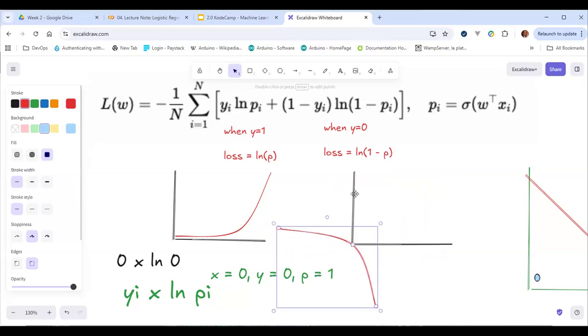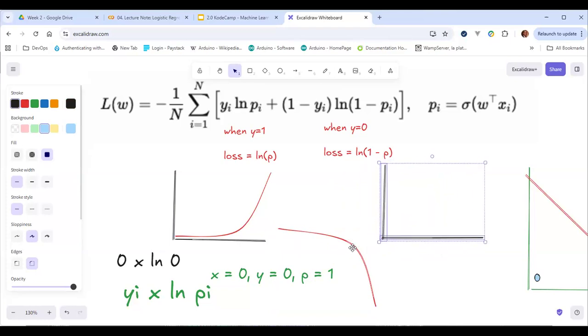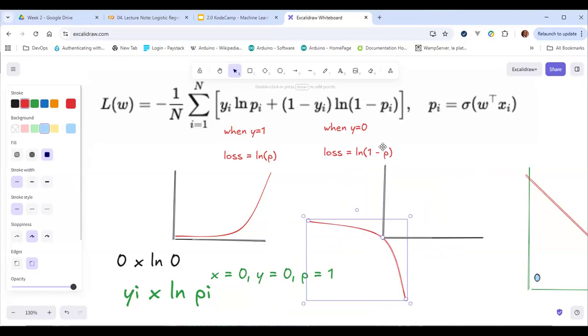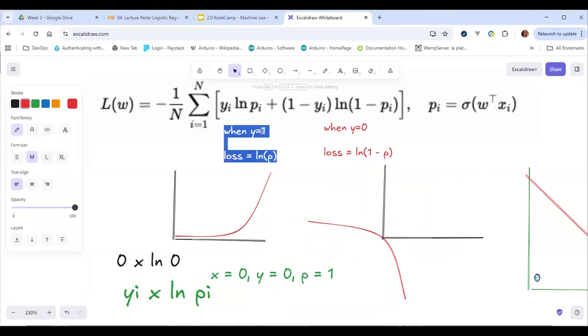Let me place this the way they should be so that it's easy to understand. If y is 0... oh yeah, I think I mixed it up. Sorry. When y is 1, the loss is calculated with this. When y is 0, the loss is calculated with this. So we are still correct.